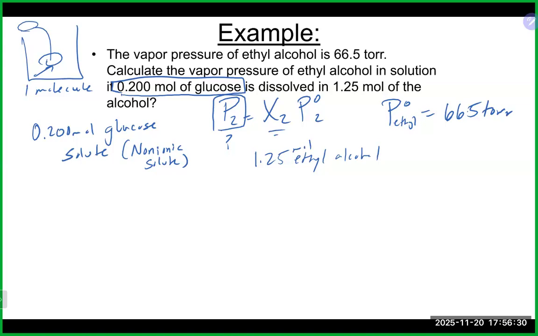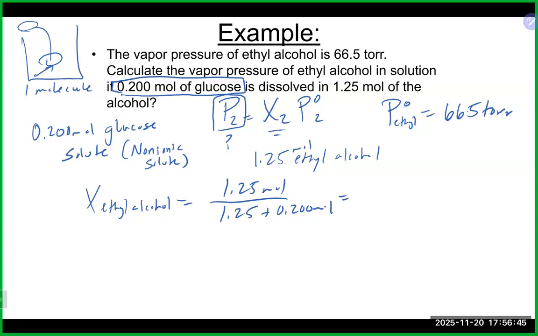So we do need to figure out our mole fraction of the ethyl alcohol. That is going to be the moles of the ethyl alcohol divided by our total moles, which would be 1.25 plus 0.2 moles in this case. So that's 1.25 divided by 1.25 plus 0.2, which is going to give us 0.8621.